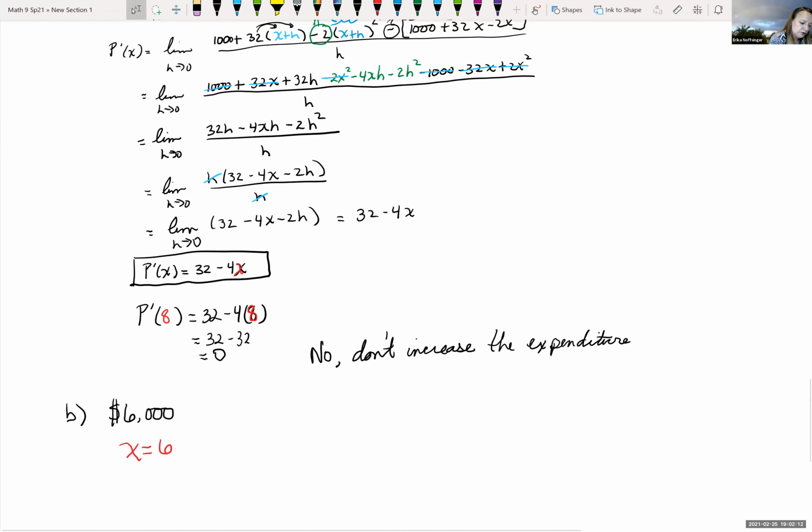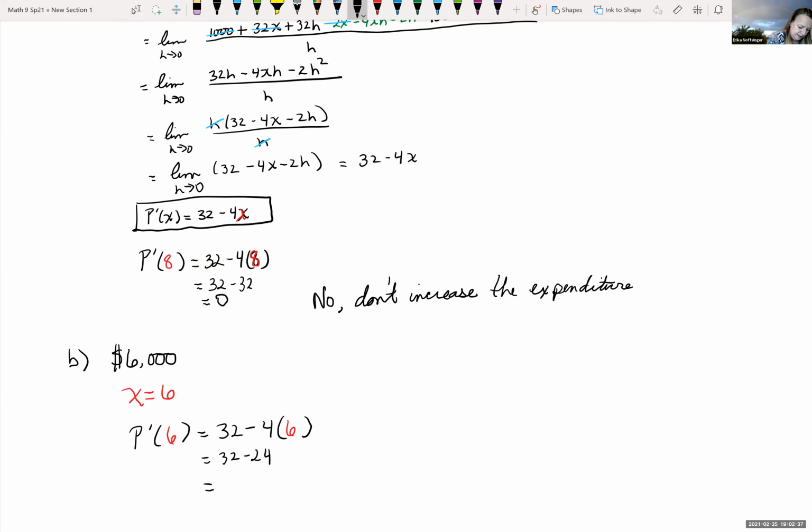And if we look at the derivative function and plug in 6 wherever we see an x, we have 32 minus 4 times 6. So 32 minus 24. That's going to give us 8.